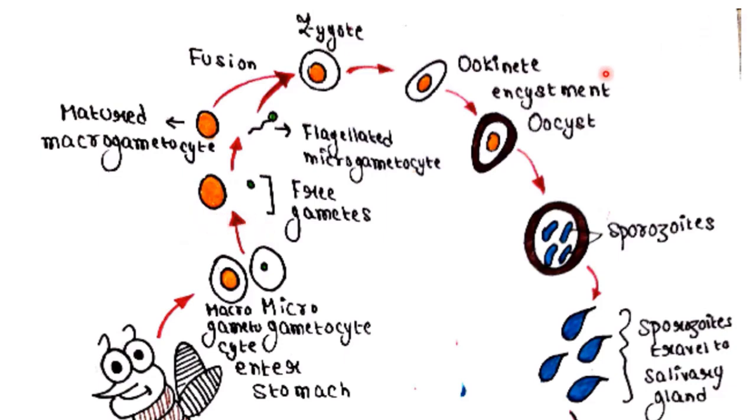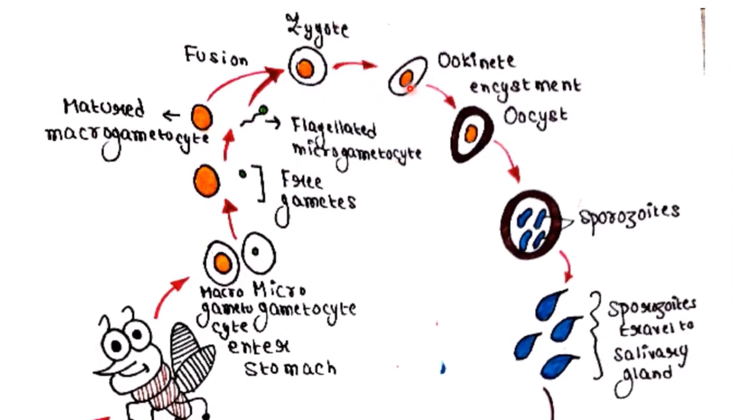And the microgametocytes generate flagella, and the macrogametocyte undergoes a maturation process. Fusion between these two gametes generates a zygote as usual. The zygote remains rounded and motionless for 24 hours. Then it elongates and becomes motile. And this zygote is called ookinete when it is motile and elongated.